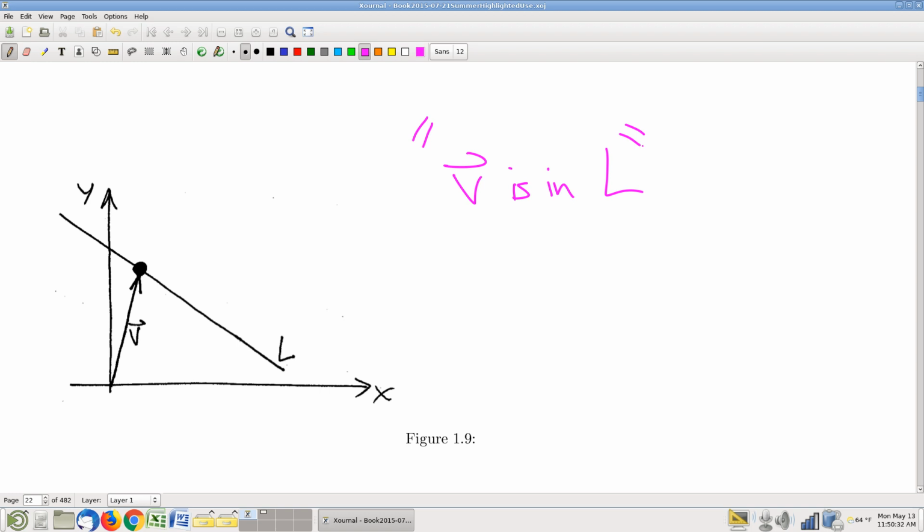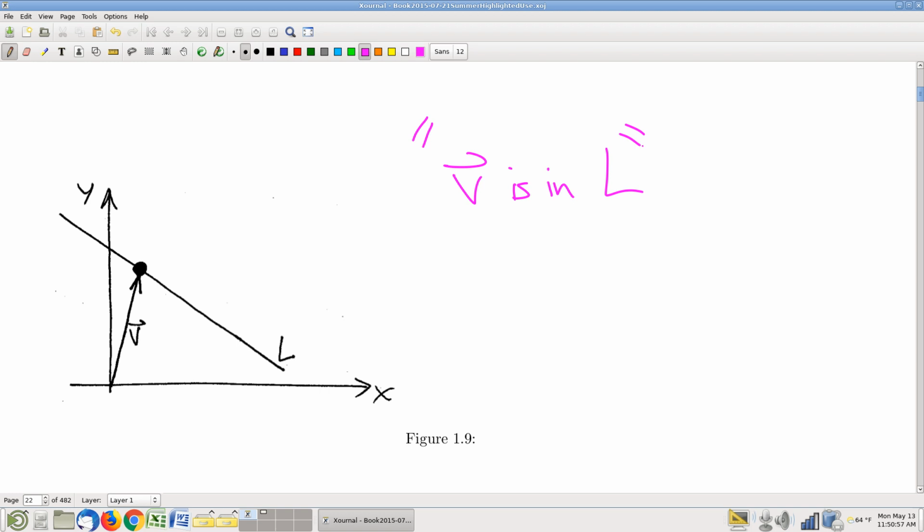What do you mean it's in? So this is location talk. Doesn't really make sense, right? So you then have to interpret and say, oh, when you say V, you must be blurring. You must be referring to the point that V is associated with. When you say V is in the line, you mean the point associated with V is in the line.